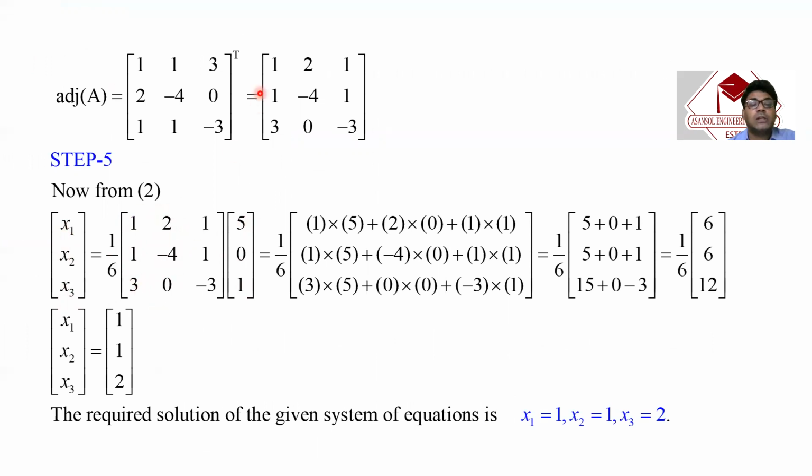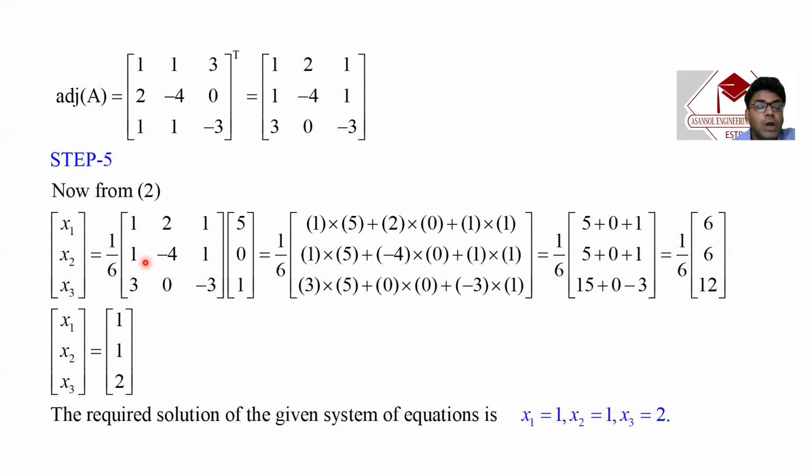This is your adjoint, coming from here: 1, 2, 1, 1, minus 4, 1, 3, 0, minus 3. What is this? This is the determinant value, that is, adjoint by determinant. Correct? And this is your B. What is B? 5, 0, 1 as a column matrix.